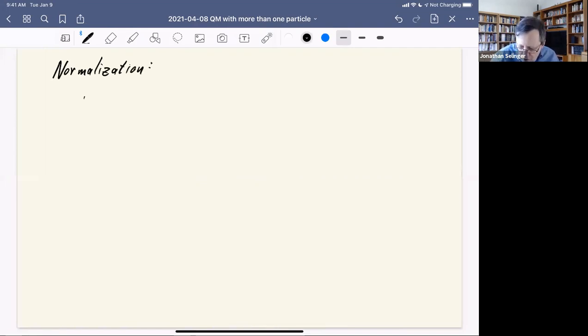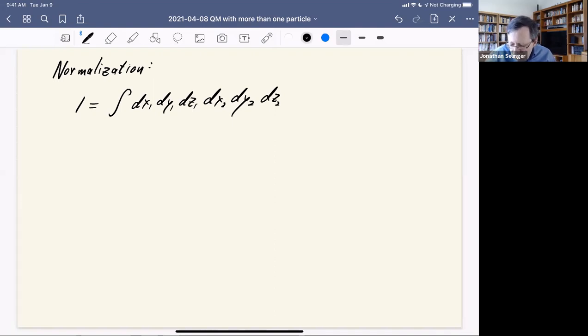Okay, so we must have 1 is the integral over dx1, dy1, dz1, and dx2, dy2, dz2. So you're summing over all of those position coordinates.